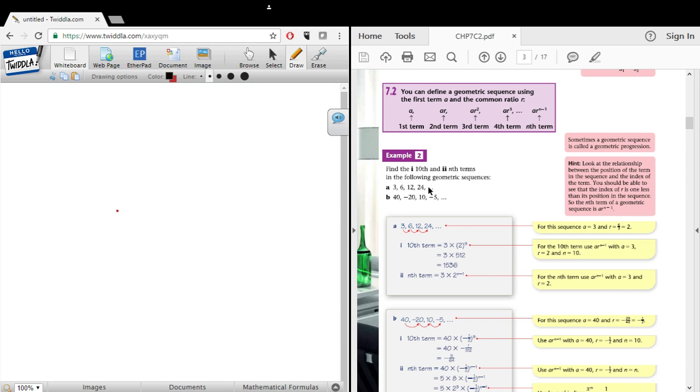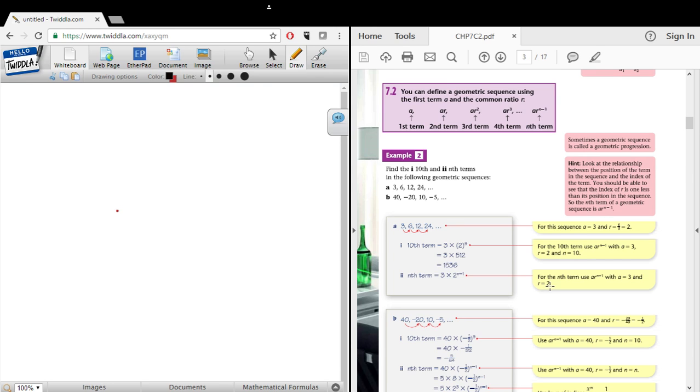So here it's multiplied by 2. Therefore we can say that the nth term is going to be 3, the first term, multiplied by 2, which is the ratio, to the power of n minus 1.